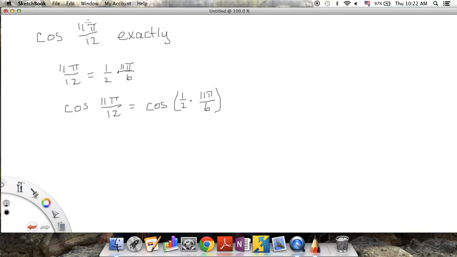So the first thing we need to do is decide what quadrant this angle's in. This angle, 11 pi over 12, if you think about your unit circle, you realize that this is in the second quadrant, which means that the cosine is negative. So our answer is going to be negative.